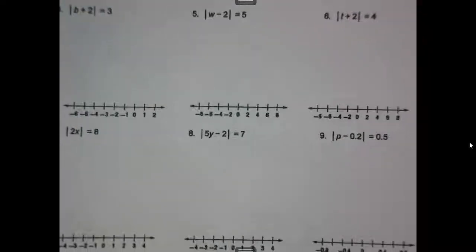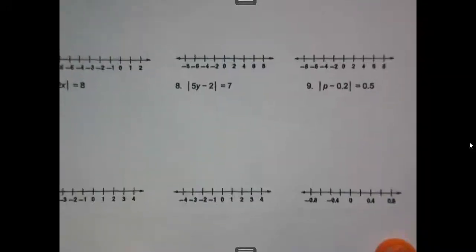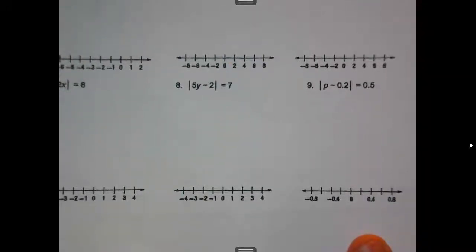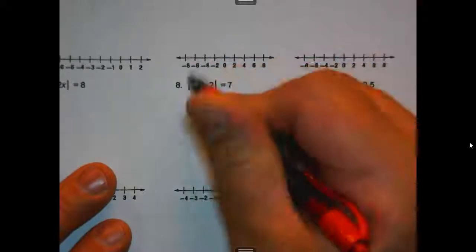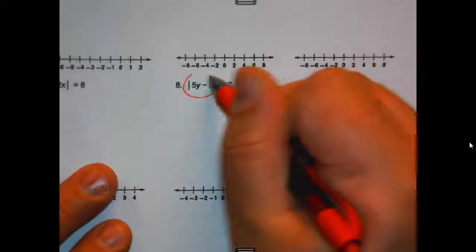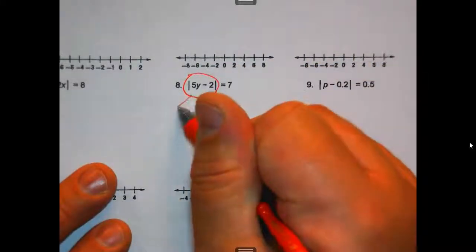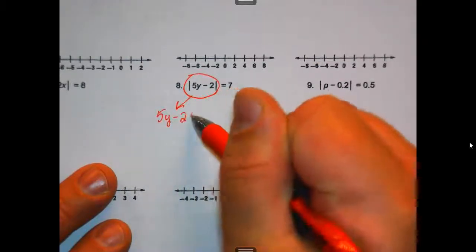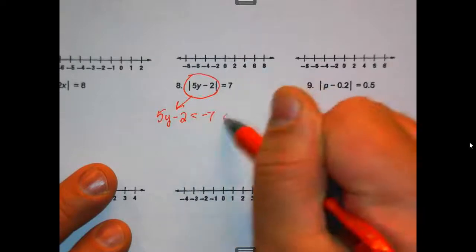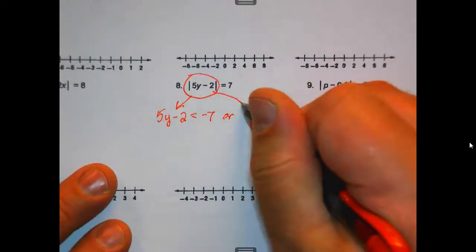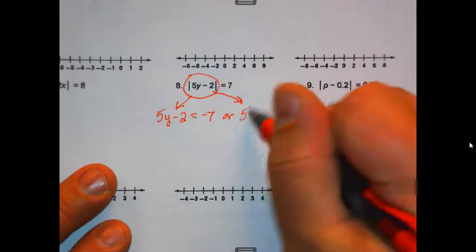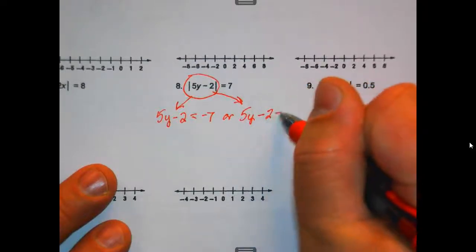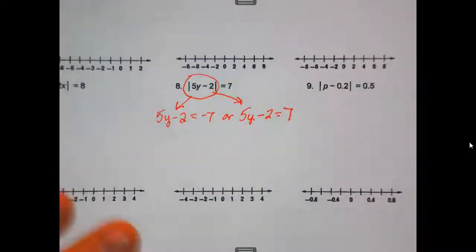Let's do number 8. Okay, I have the absolute value solved for. So I'm going to split this up. 5y minus 2 equals negative 7, or 5y minus 2 equals positive 7.